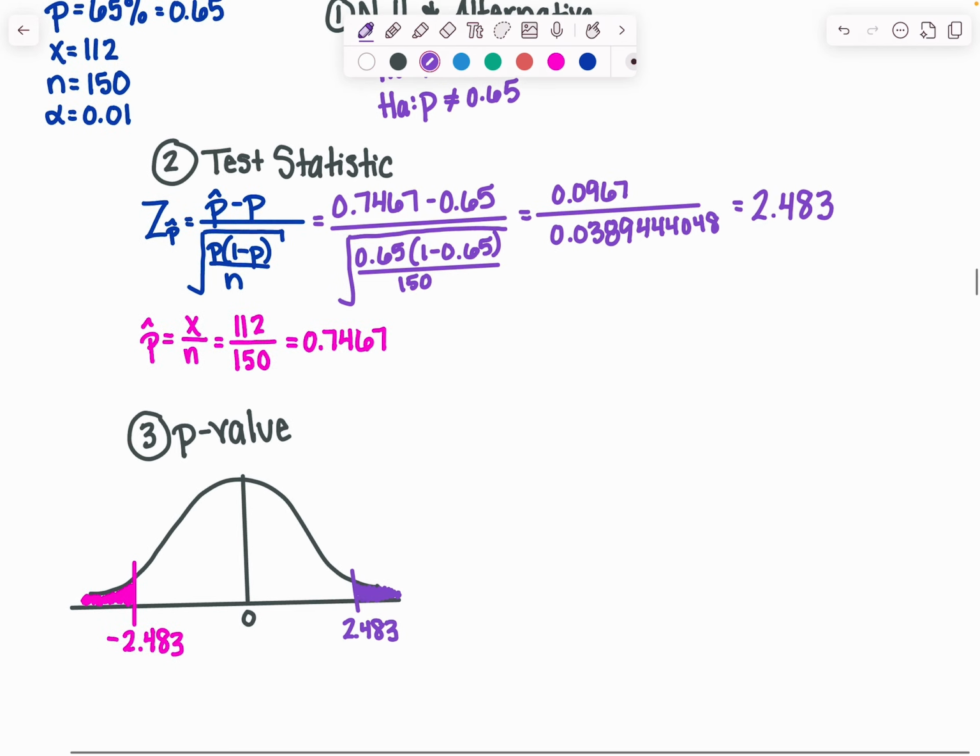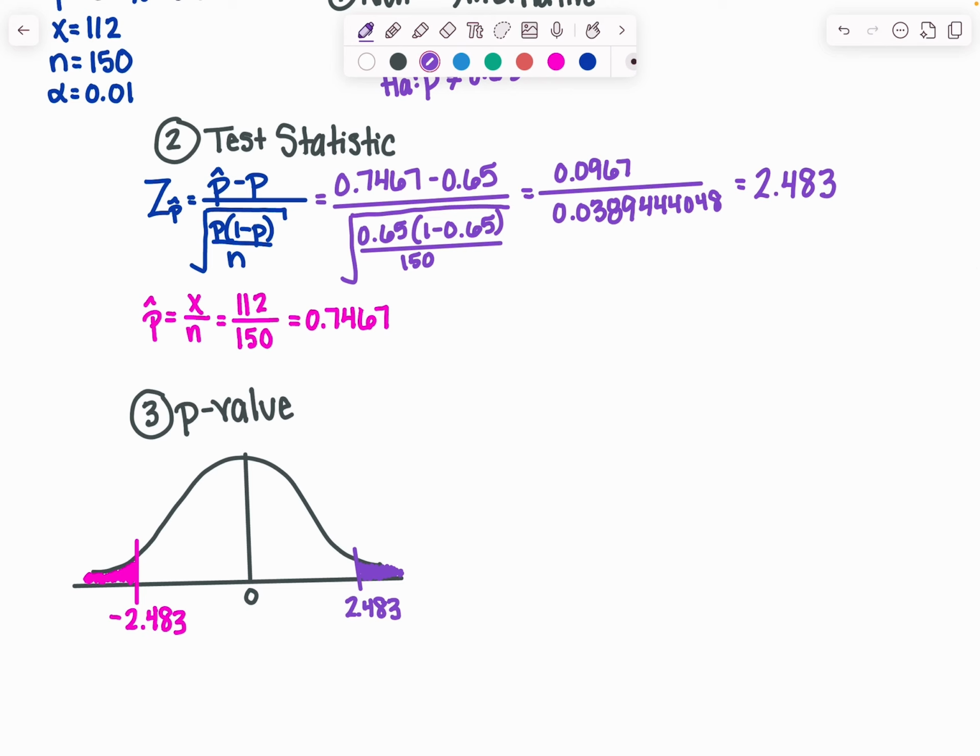So when I go to calculate the p-value, I'm going to focus on the negative. So I'm going to do norm.s.dist of negative 2.483, comma, true.